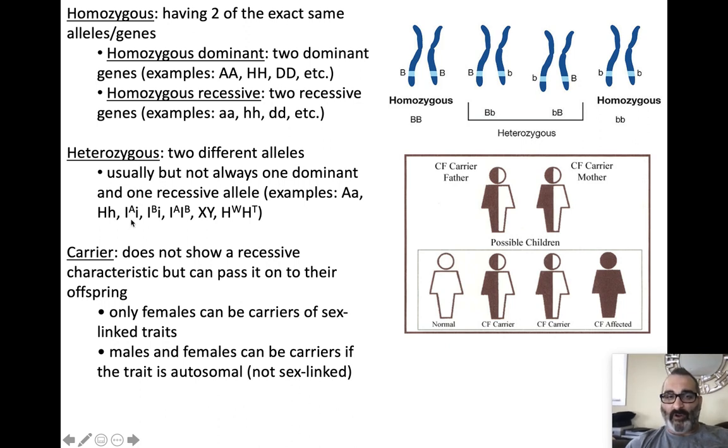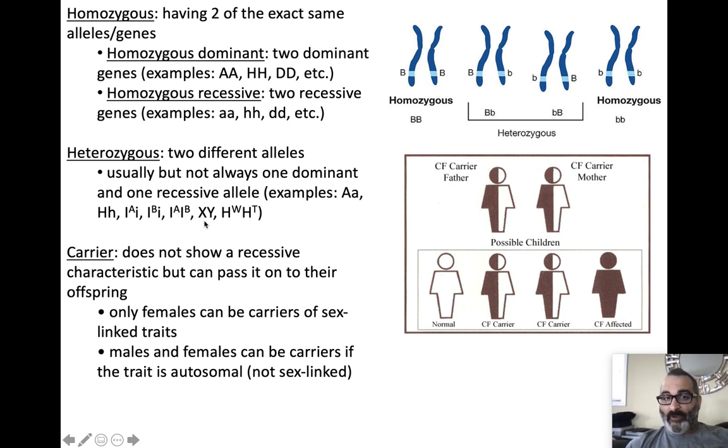I believe it'll be our 4th genetics cross, blood type. See this right here? This is an I with a superscript capital A and then a lowercase i. These are different. This is heterozygous. This one here, this is B type of blood, one way to be B type of blood. Okay, this is AB blood, heterozygous because they're not exactly the same.